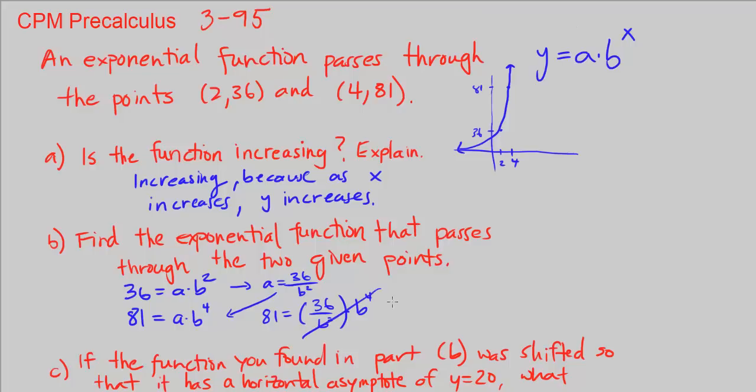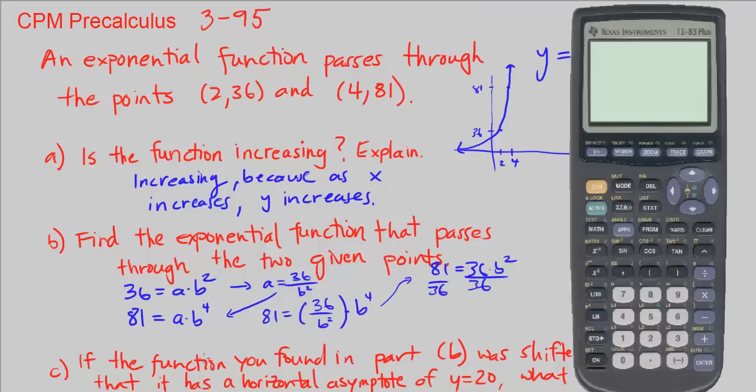Now these cancel and leave b squared only, so 81 equals 36 times b squared. I can divide both sides by 36.